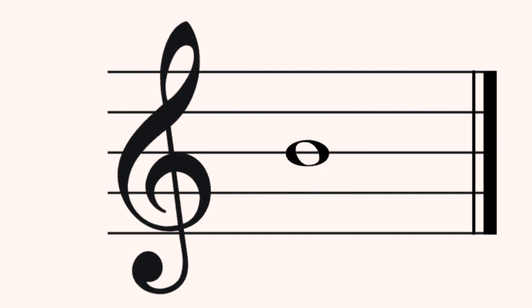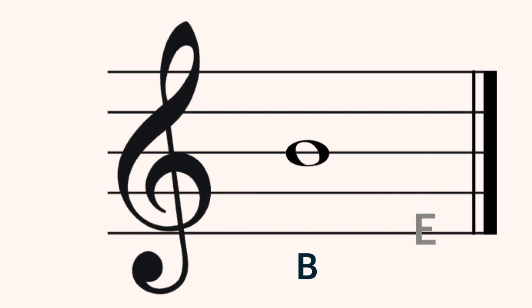Now let's practice. Here's a note on the middle line of the staff. See if you can figure out what it is before I share the answer. That note is B. How can I figure this out?